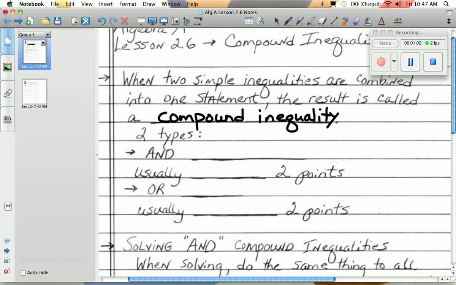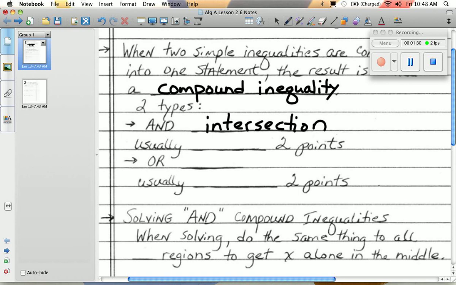There's the type where we use the word and, and that is actually representing an intersection. So when we find the solution for a compound inequality that uses the word and in it, there's an intersection. In other words, whatever solutions we get, it has to meet both of the conditions.